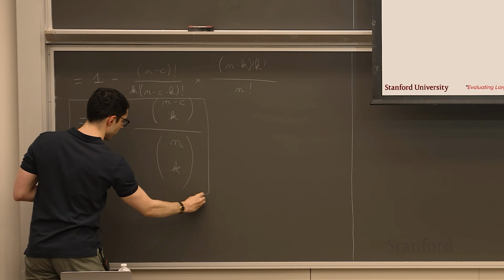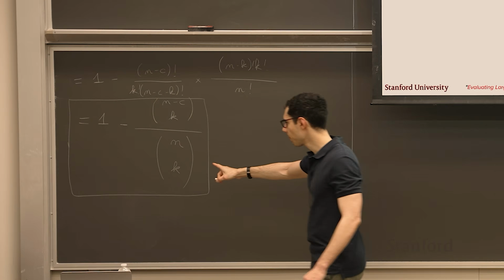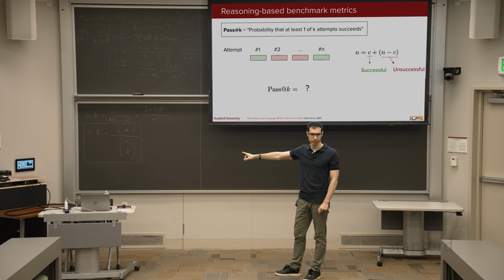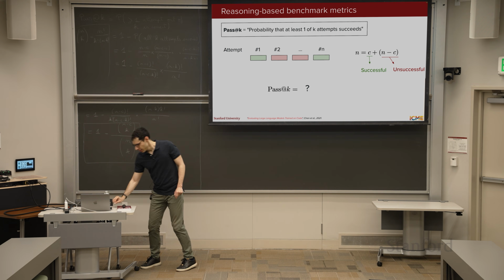So this is our estimate of pass at k. Does everyone agree? OK.